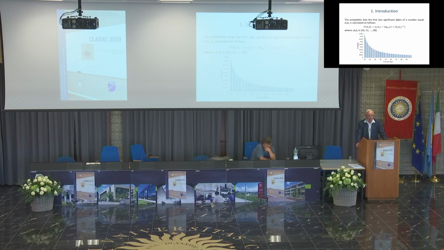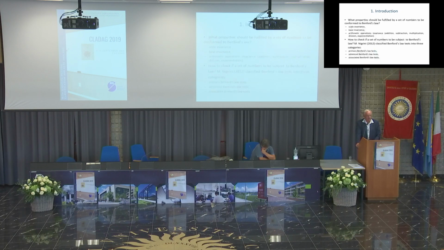We can also ask about the first 2 digits, and this is the distribution in the case of 2 digits. This is Benford's distribution, or Benford's law, as known in the literature.